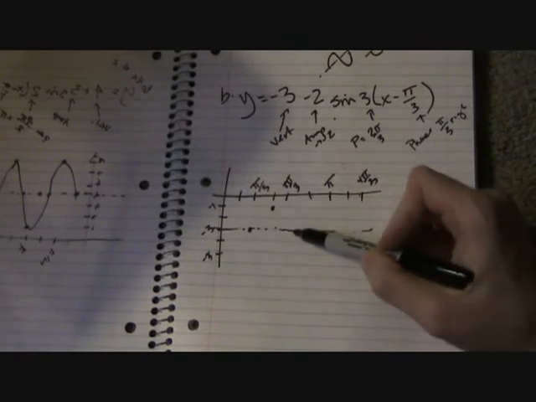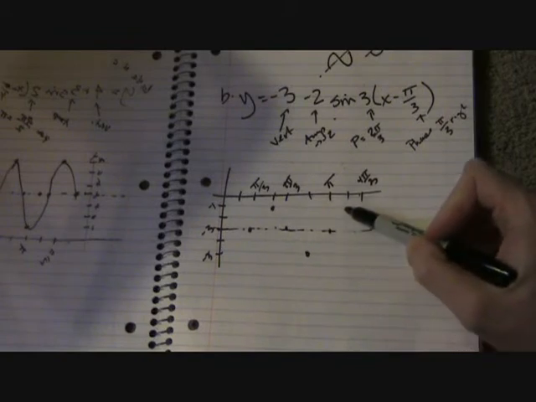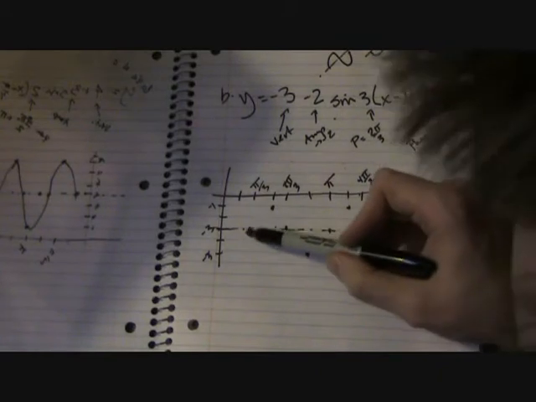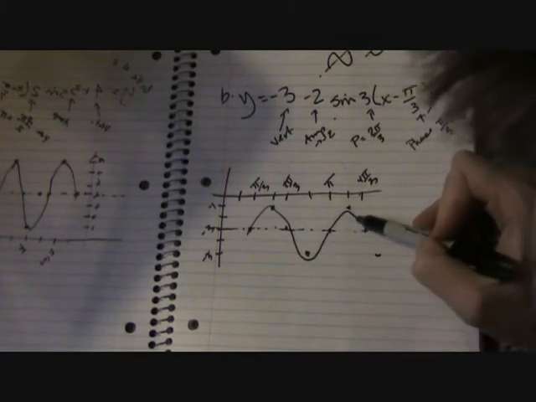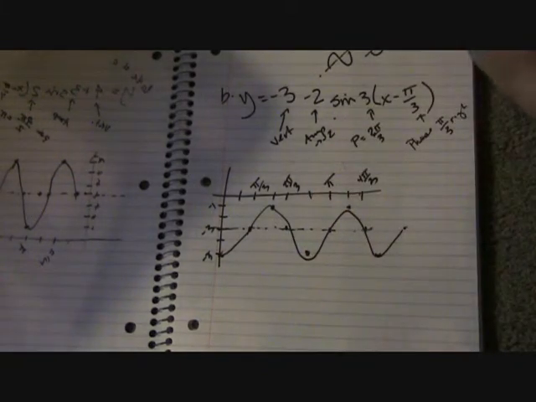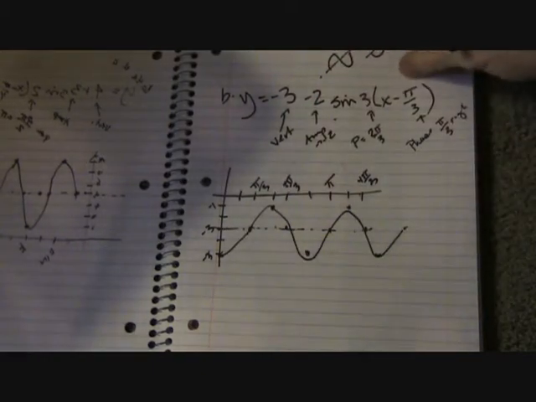Then we'll go up, middle, down, middle, up, middle, down, middle. And you get this. Now ideally you should probably work this backwards so it's hitting the y-axis so it looks really, really nice. And yes, if we did it without a phase shift, we would essentially have a cosine.